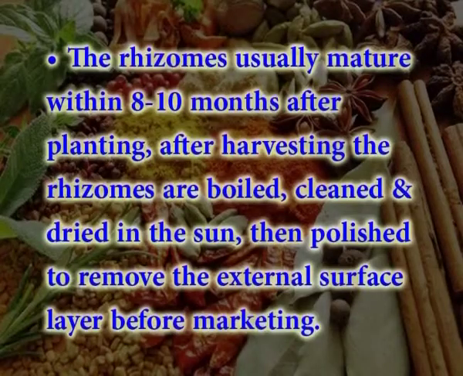The plant is propagated by dividing suckers and by planting small pieces of round orange rhizome. The rhizomes usually mature within 8 to 10 months after planting. After harvesting, the rhizomes are boiled, cleaned and dried in the sun, then polished to remove the external surface layer before marketing. In the processing, turmeric rhizomes lose 70% of their original weight.